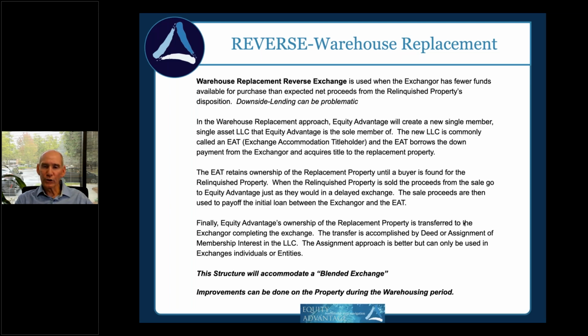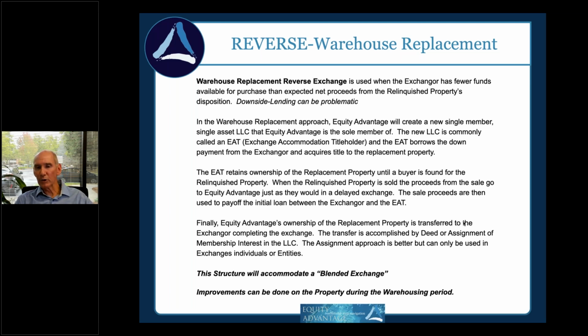The title policies are in place still because they're all in the name of that entity. If there's improvements being done, nothing has to change because, once again, the ownership doesn't shift. If there's a loan in place, nothing has to be changed because the actual deeded ownership has not changed. The membership interest has. So that's why I like doing assignment of membership interest, to convey that new property back to our taxpayer.